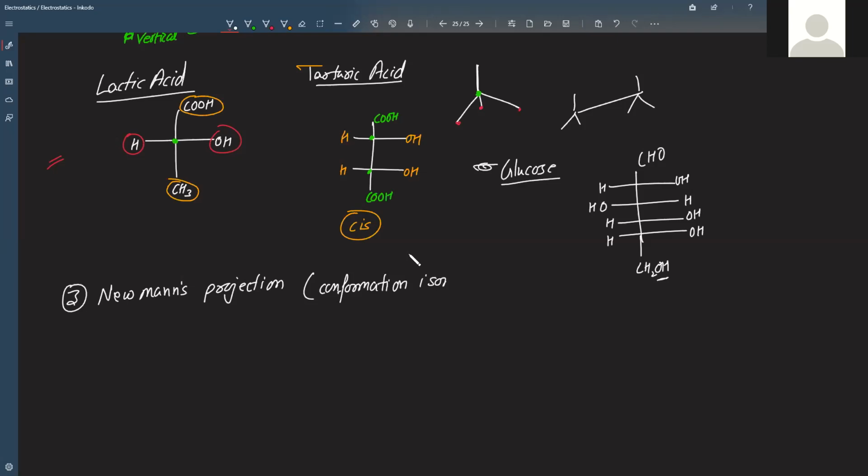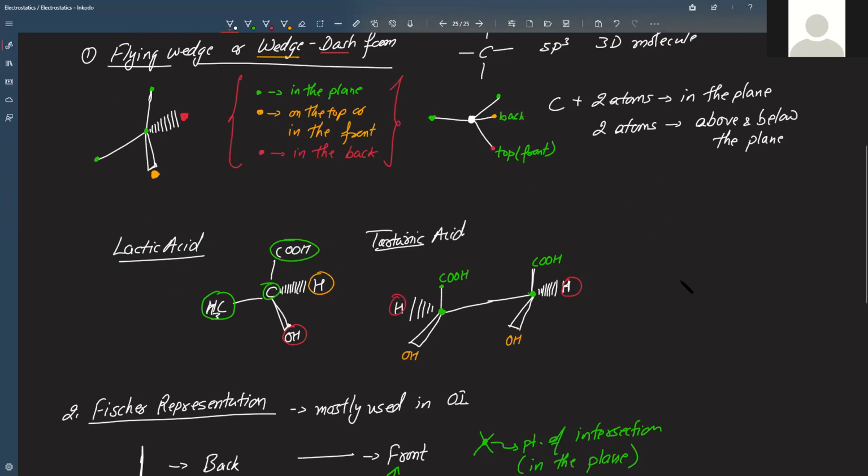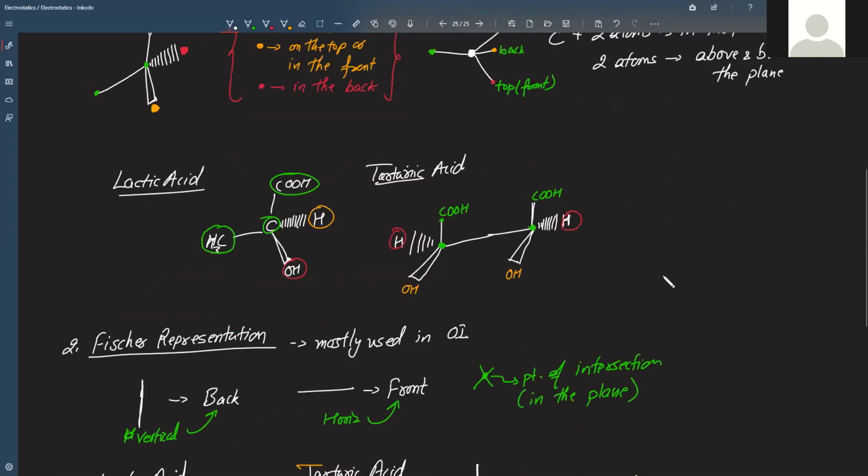So conformational isomerism, if you remember, is a fake isomerism where the molecules, like which we have seen above, like this tartaric acid. In this tartaric acid, the main carbon-carbon bond is actually a single bond, and due to that single bond, there is zero restriction.